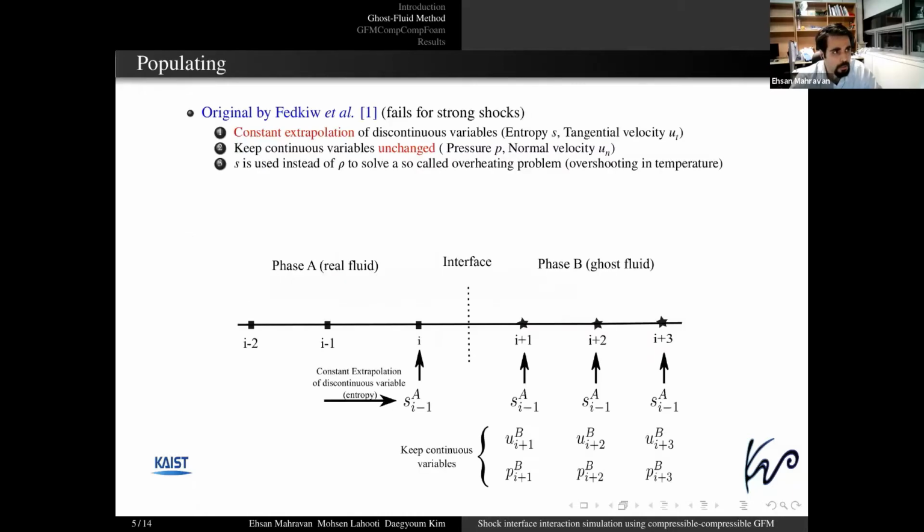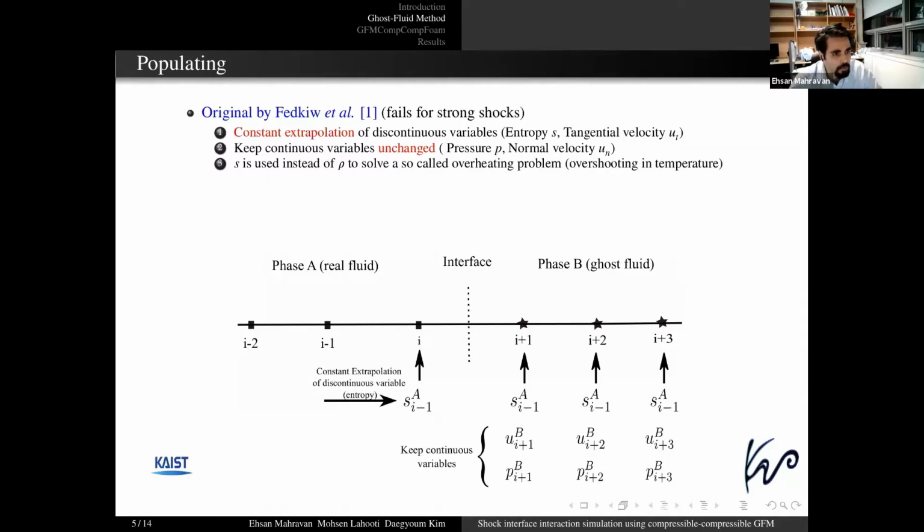The original method simply extrapolates the discontinuous variables to the ghost region, and entropy and tangential velocities are the discontinuous variables that we normally deal with in compressible inviscid flows.